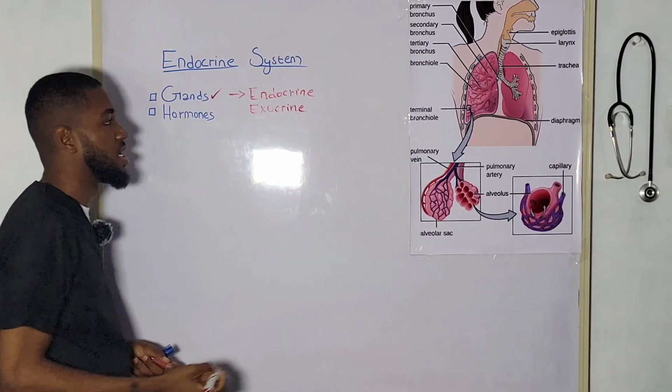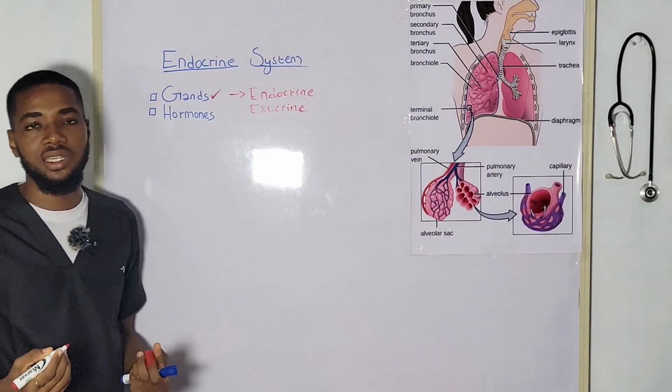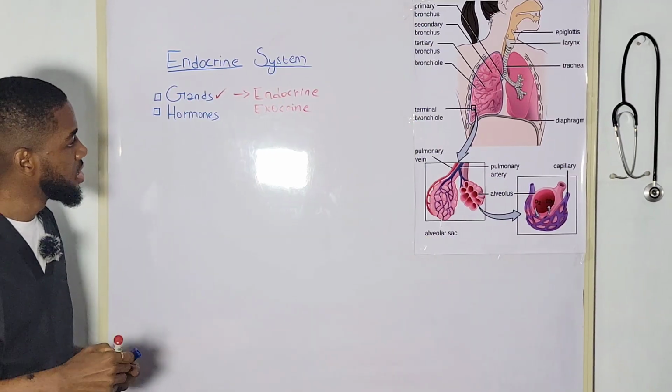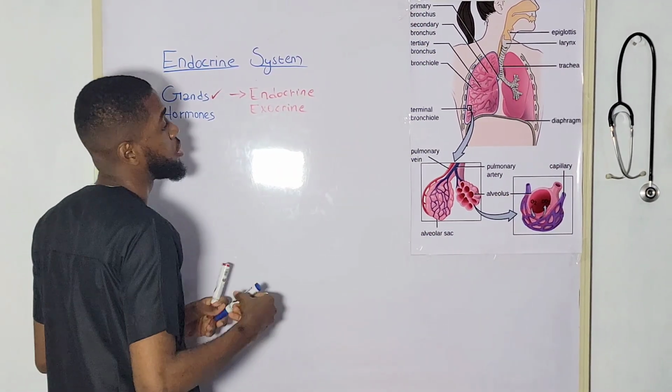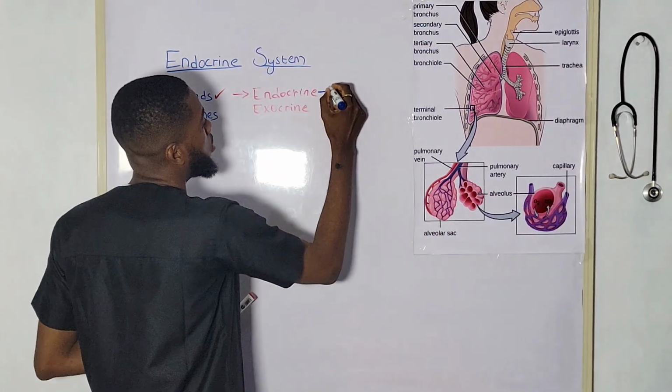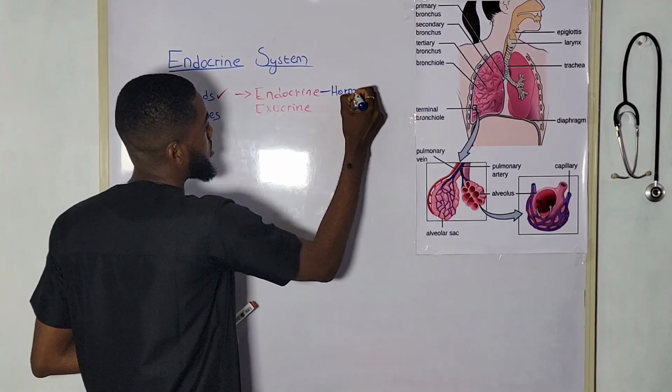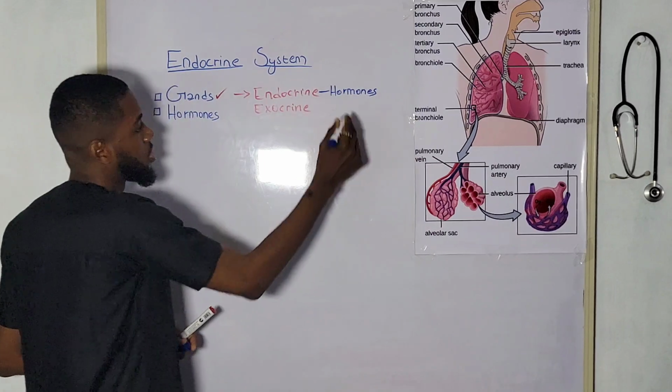The endocrine glands are the types of glands that release hormones. Their job is to release hormones into the bloodstream. This type of gland, endocrine glands.